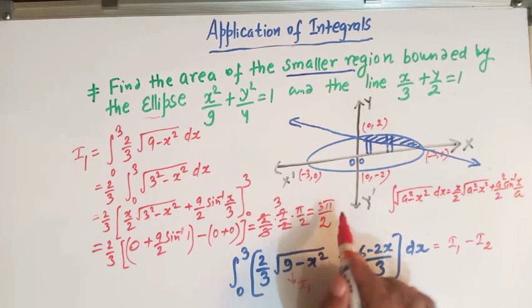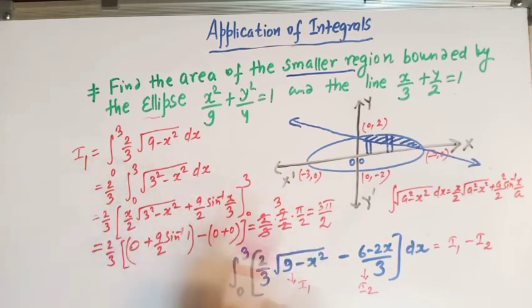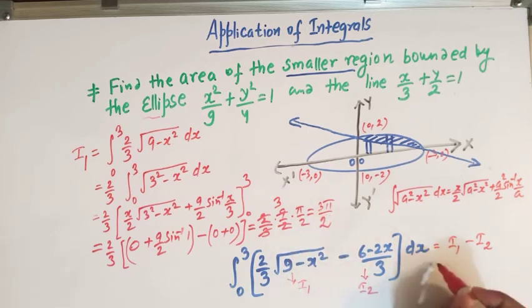So viewers, the value of this integral I1 is 3 pi by 2. Now our aim is to find the value of I2, and I2 is given by this integral.